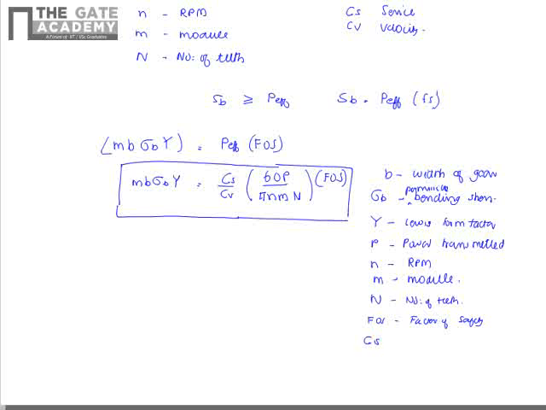And CS and CV are the service factor and velocity factor respectively. So with this we can find out what should be the module for the design based on beam strength.